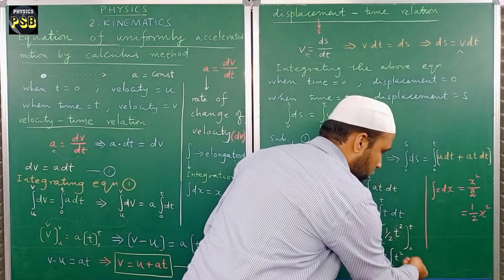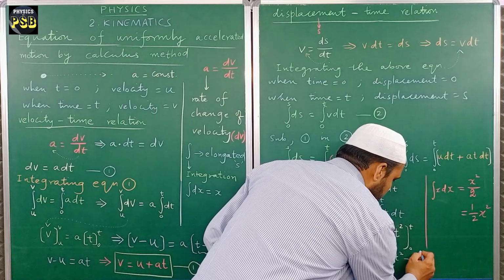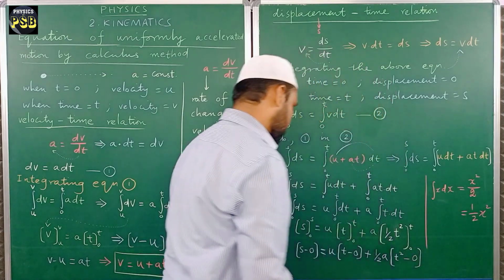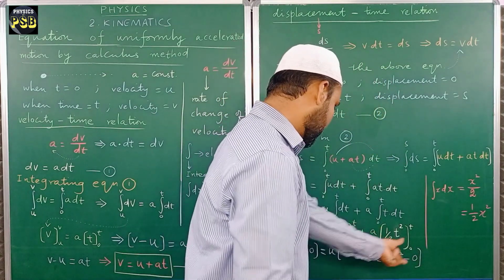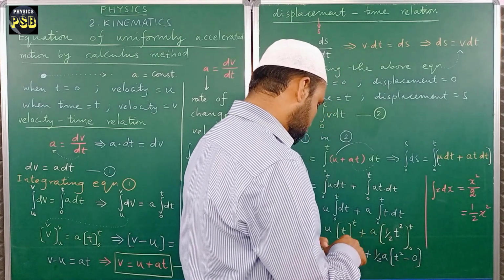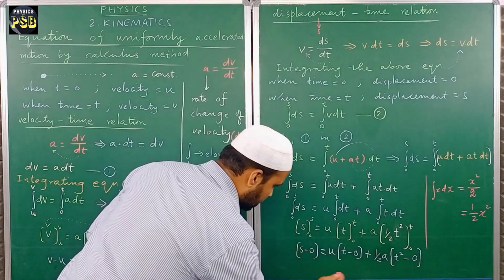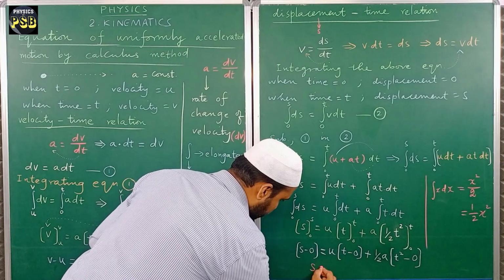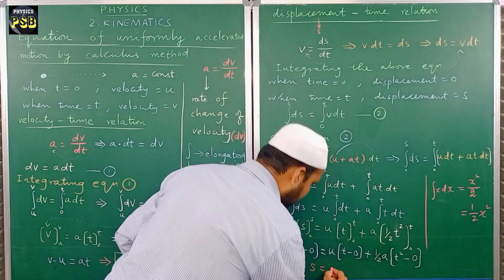So 0 square is 0. It is mentioned as such. Now I am going to simplify this equation and see what we get if we do so. s minus 0 is nothing but s, and t minus 0 is t.